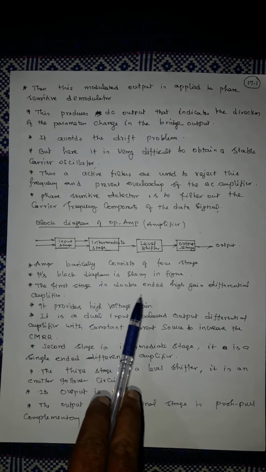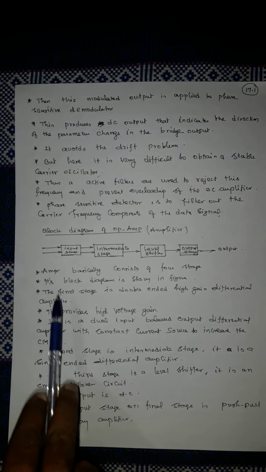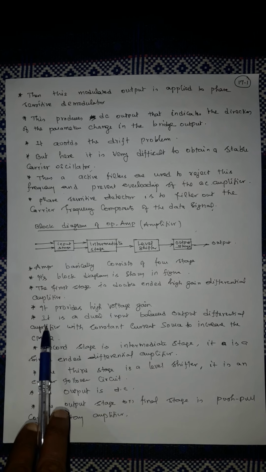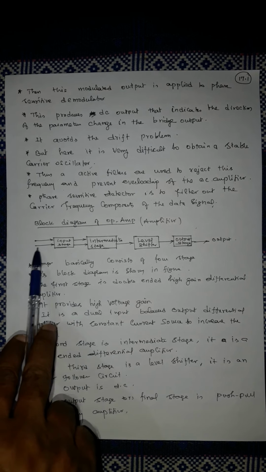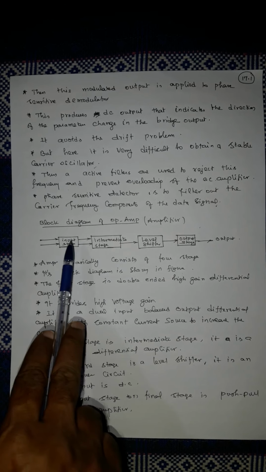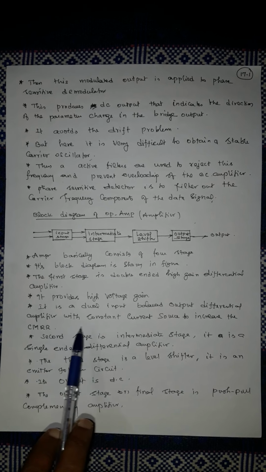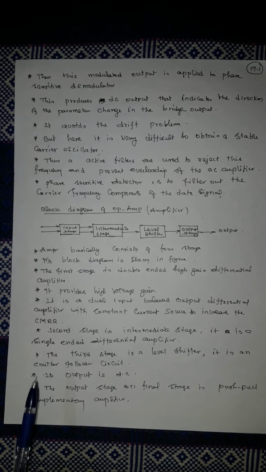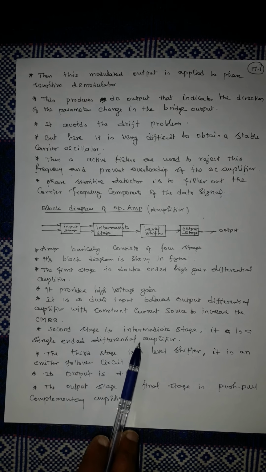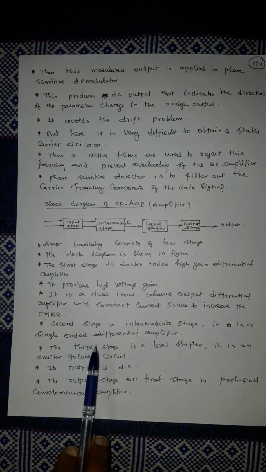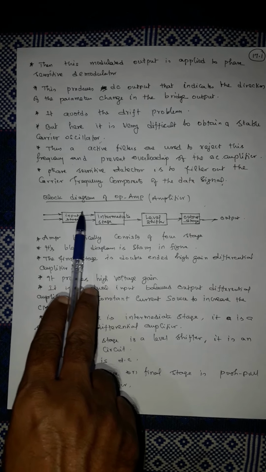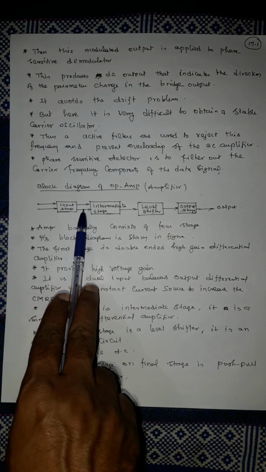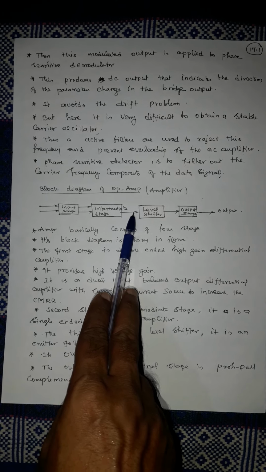The first stage is a double-ended high gain differential amplifier. It provides a high voltage gain. It is a dual input, balanced output differential amplifier with a constant current source to increase the common mode rejection ratio. The second stage is the intermediate stage. It is a single-ended differential amplifier, with a double input and a single output.